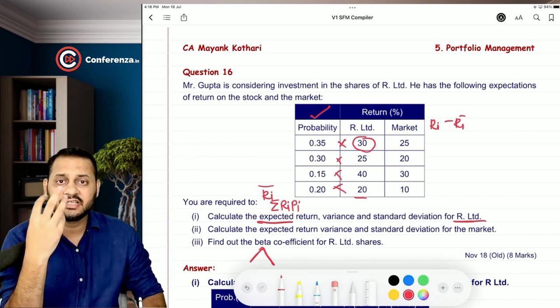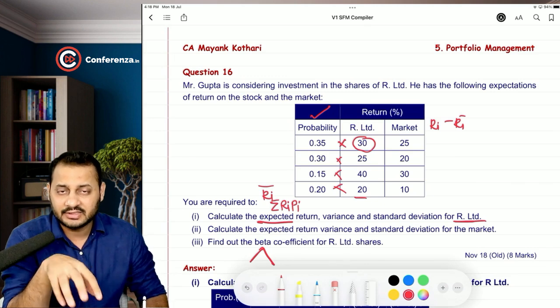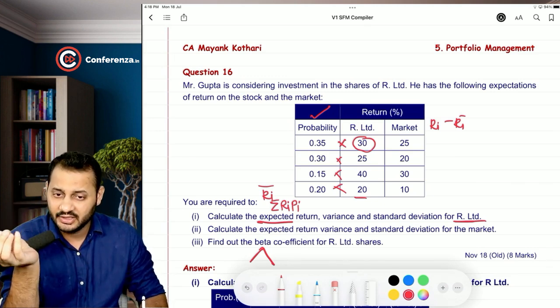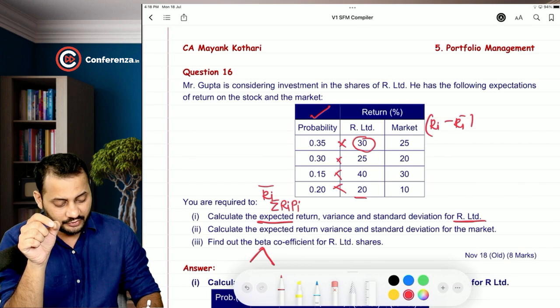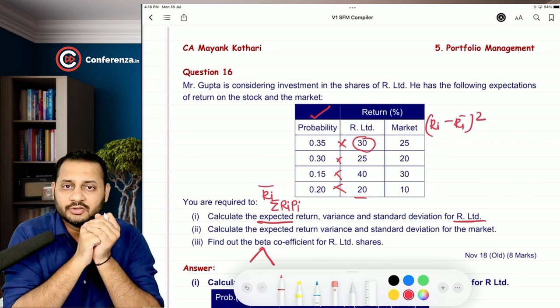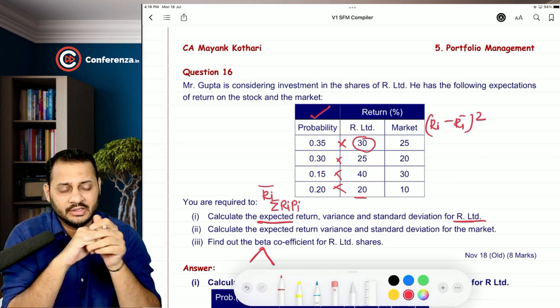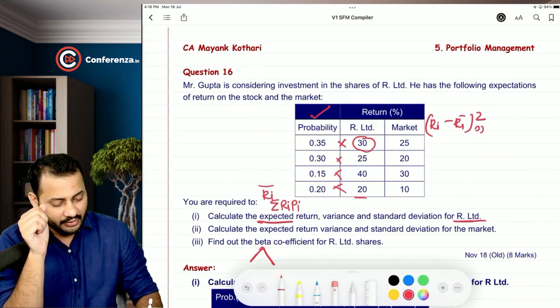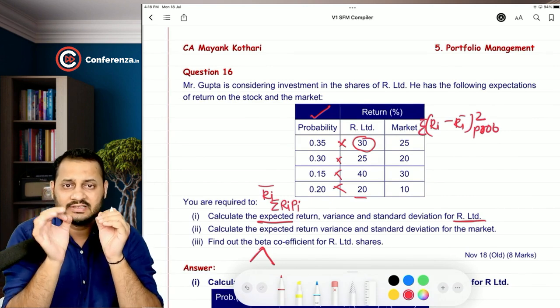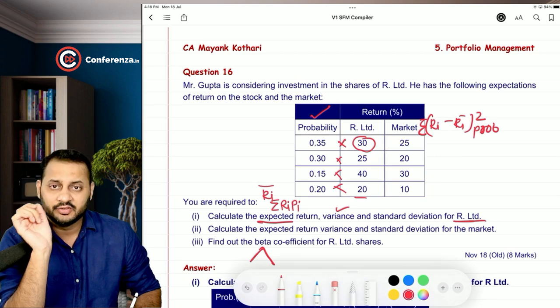These deviations can result in negative figures, and that's why we have to remove the negativity. For that purpose, we are going to put a square. So the next column will be squaring the deviations column. Then we multiply it with the probability, and then we do the summation. This will give you the variance of the stock.